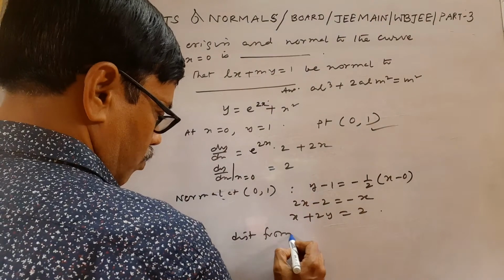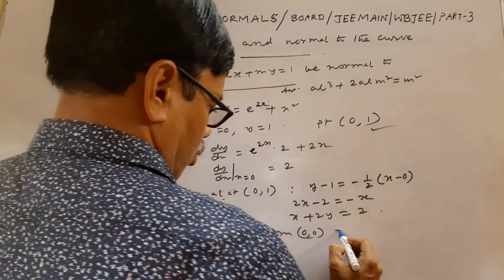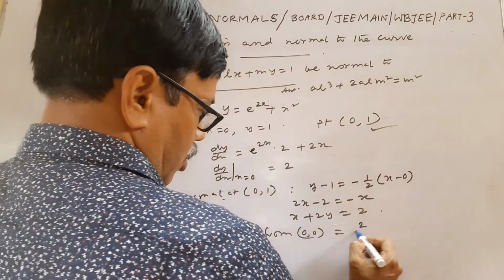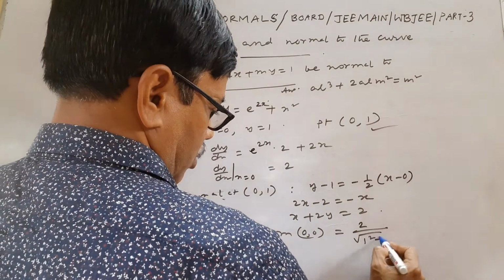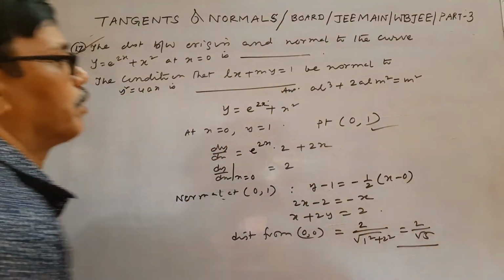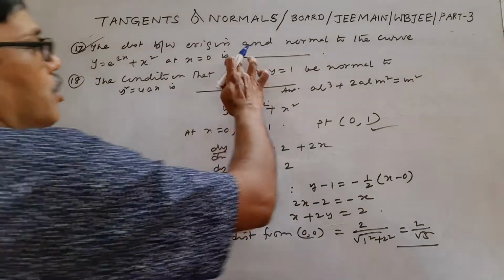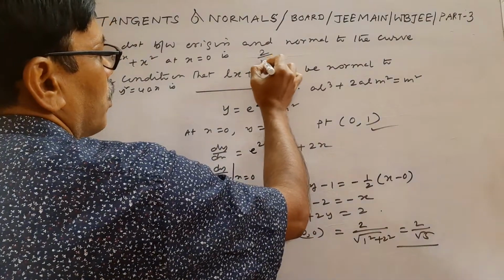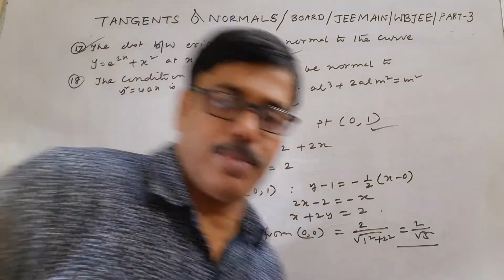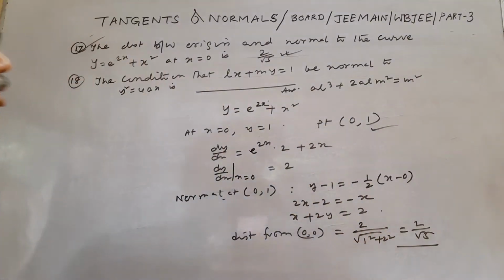Distance from 0, 0 to the normal. If we express it in normal form, 2 by root over 1 square plus 2 square. So 2 by root 5. So the distance is 2 by root 5. Only a 2 marks problem, so very simple. This is of board standard.